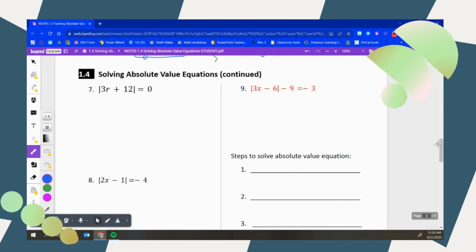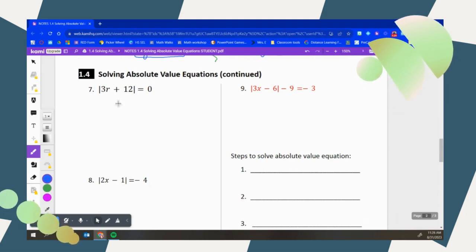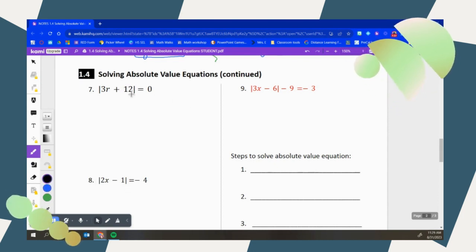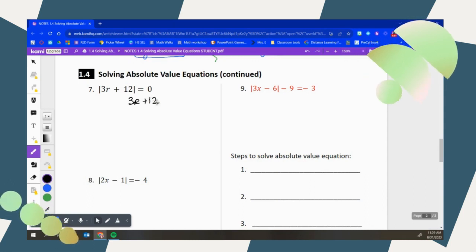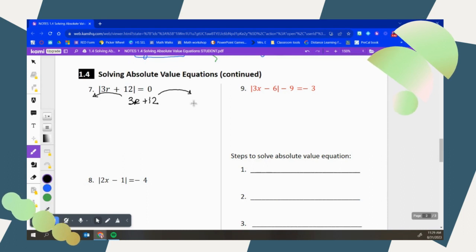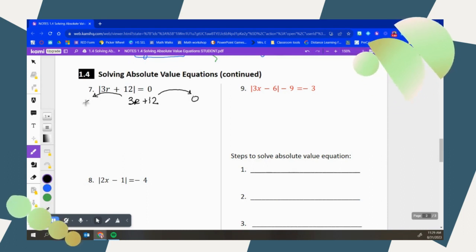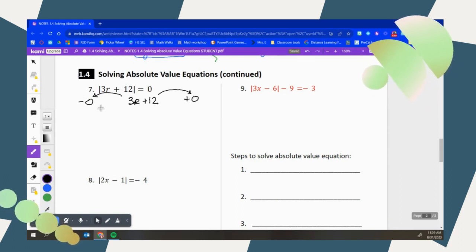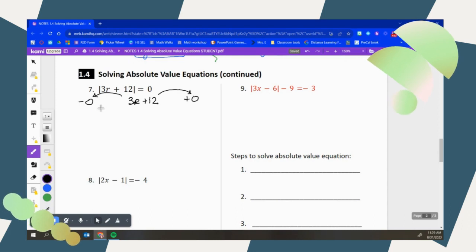So no more number line. Again, the number line doesn't work when we start putting all the numbers in. So what we're going to do is take the guts. We're going to go this way, and we're going to go this way. Remember, when we go this way, we're going to the positive, and when we're going this way, we're going to the negative? Can I go to a negative 0?